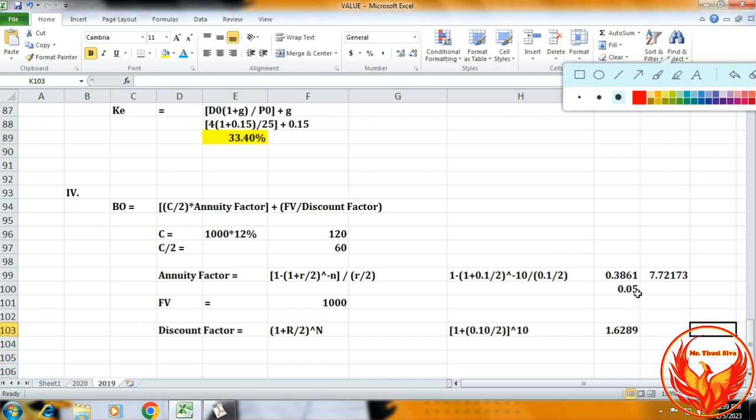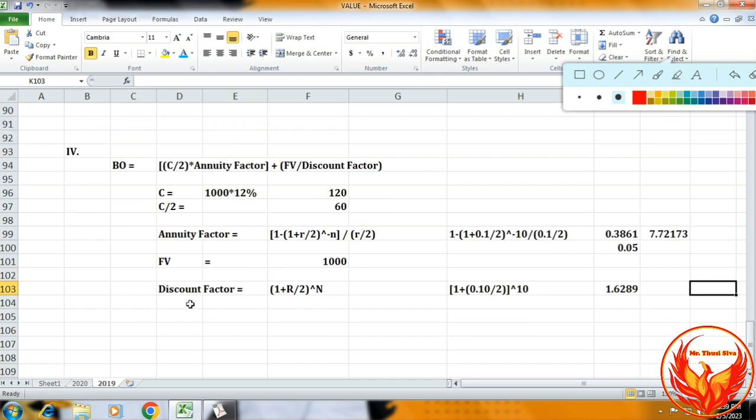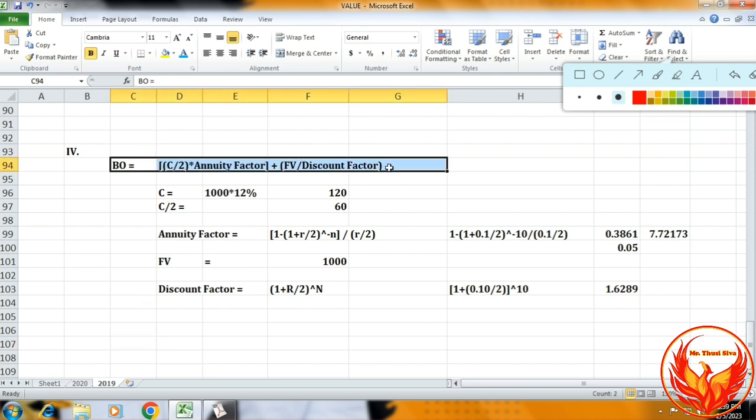So now we can calculate the bond value through this equation.